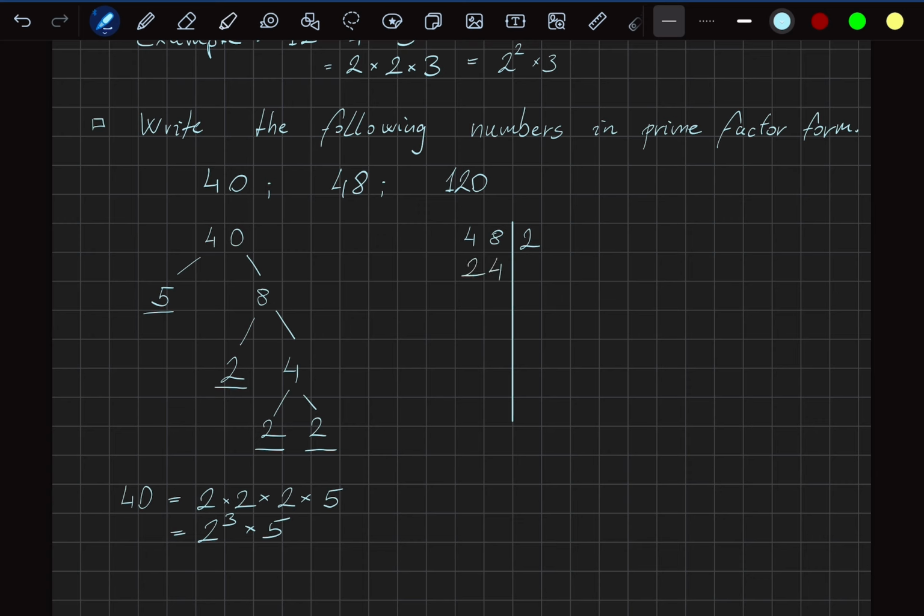Okay, so this line basically means divide by 2, and I write here the answer, and I will continue the division. 12 by 2 is 6, 3, 2, 2, 1. And I put the 1 in a box because we will finish the division here. So I divided by 2, wrote the answer here. Divided by 2, answer. Divided by a prime, answer.